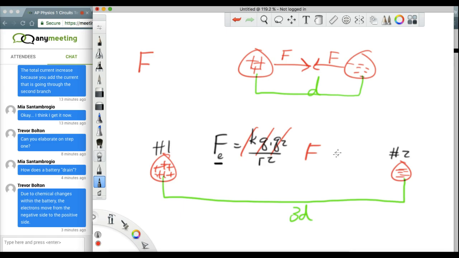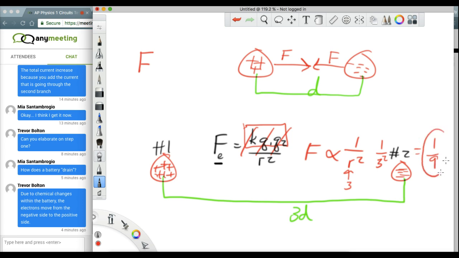So now I can write my proportionality. Force is proportional to 1 over R squared. It's not equal to 1 over R squared because I'm not factoring in these guys, so I'm not calculating an exact force. What I'm calculating is a multiplication factor. How much did my force change by? So if my distance was tripled, then I need to plug in a 3 for my R. Well, 1 over 3 squared is equal to 1 over 9.